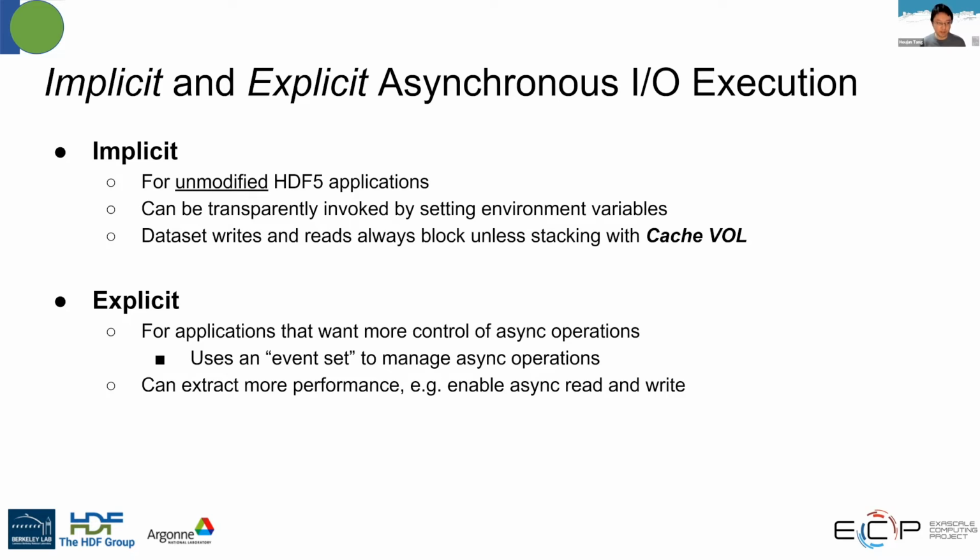Most importantly, dataset reads and writes are always blocking or synchronous. If we made them asynchronous, many application codes would simply break, because they assume that every HDF5 I/O call is blocking and they may free the buffer, but when running with the async VOL, that is not the case.